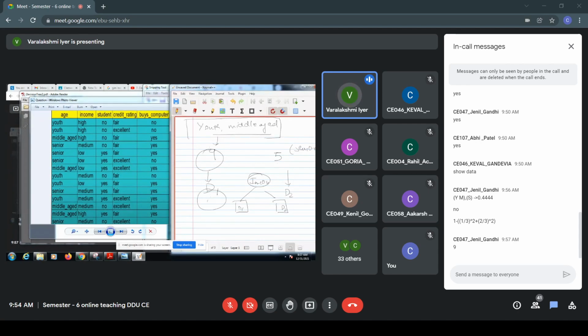Now for data set D1, check how many of youth and middle age are falling in yes, and how many are falling in no. And similarly for senior, check how many of them are falling in yes and how many in no. Just let me know the numbers.